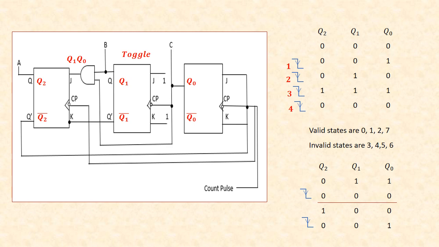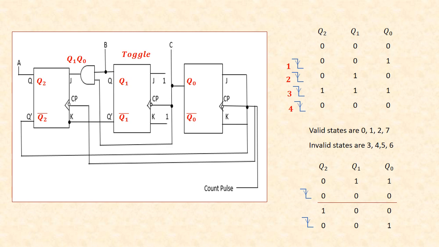If you see the second flip-flop, the inputs are J equal to 1 and K equal to 1. That is, it operates in toggle mode. Toggle mode is what? If J is equal to 1 and K is equal to 1, our n plus 1 state will be the complement of the previous state. Whenever a negative edge clock pulse is given, this flip-flop toggles its output.